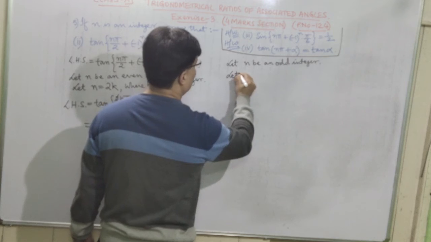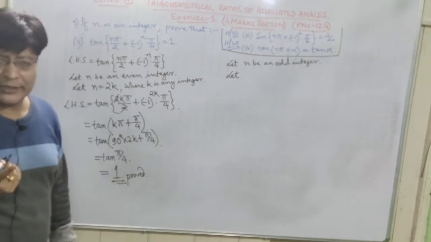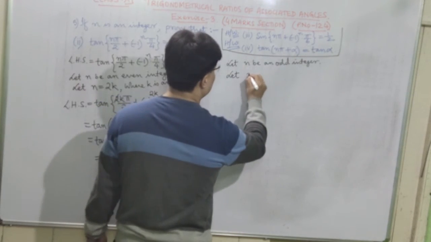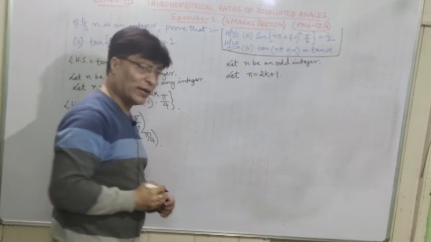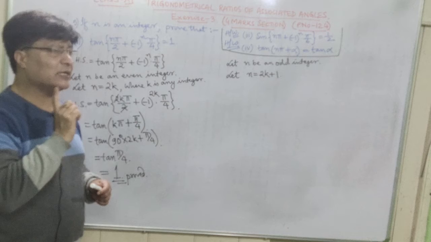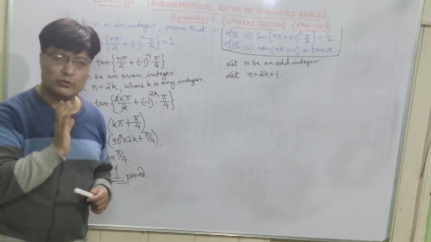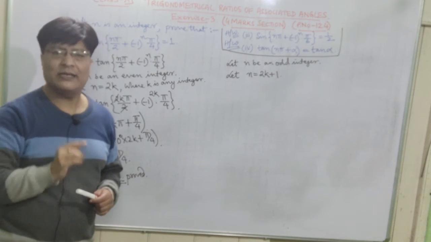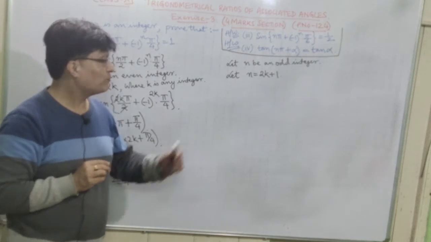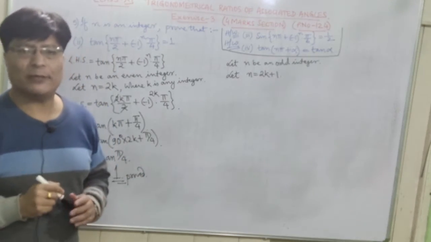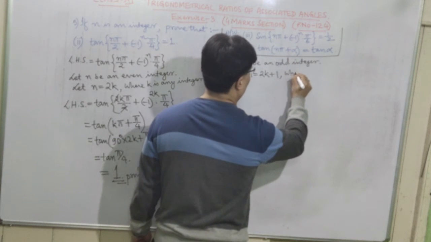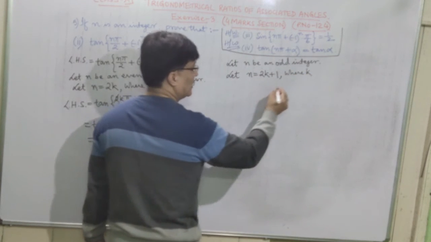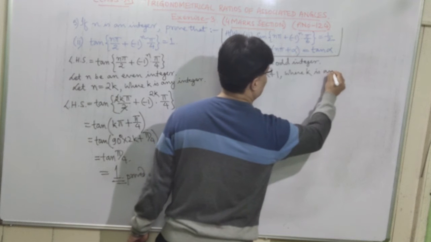So how can you assume the odd integer? I already told you that you may write n is equal to 2k plus 1 or 2k minus 1. So I suggest you write plus 1 because it will be easier for you to simplify. Okay? So let us write n is equal to 2k plus 1 as an odd integer, where k is any integer.